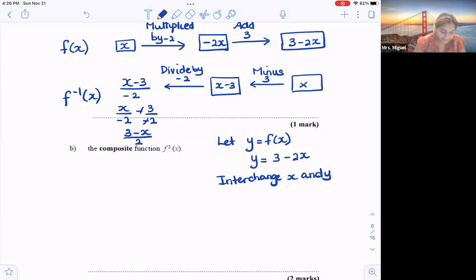So wherever I see y, I am replacing it with x. And wherever I see x, I am replacing it with y. Then I am going to make y the subject.